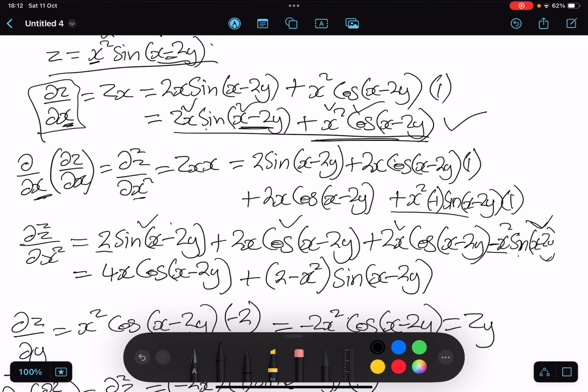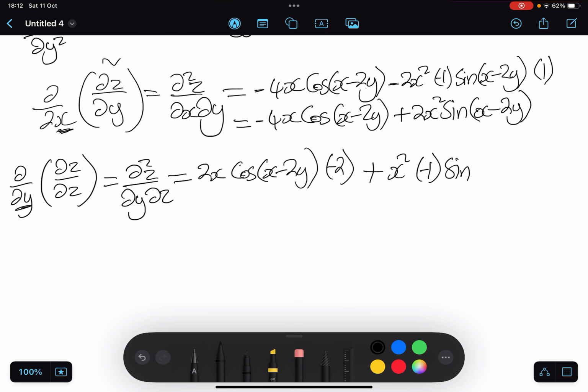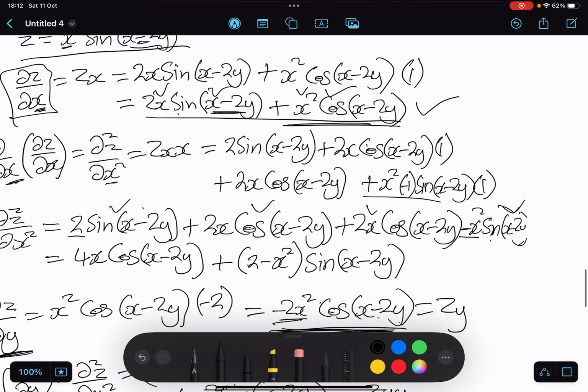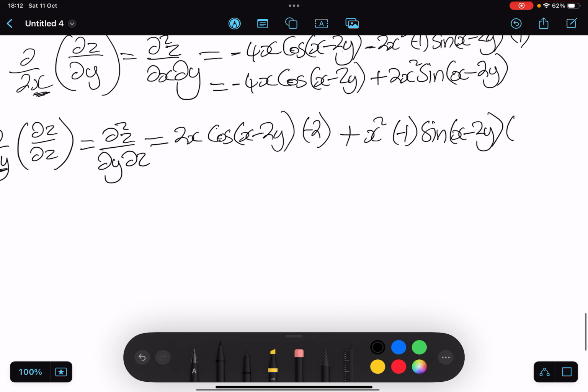so it's going to be what? We have x squared, right? And we're differentiating cos, we're going to get -1, then sin(x - 2y), then differentiate what is inside, x - 2y with respect to y is going to be minus 2, right?